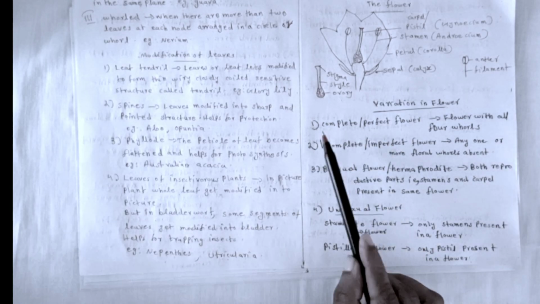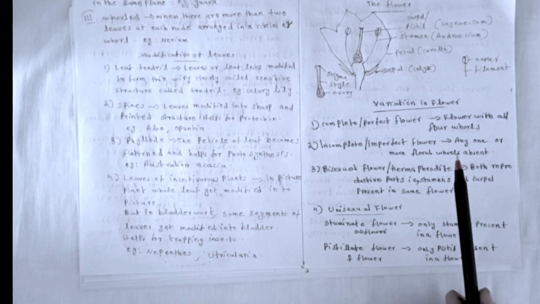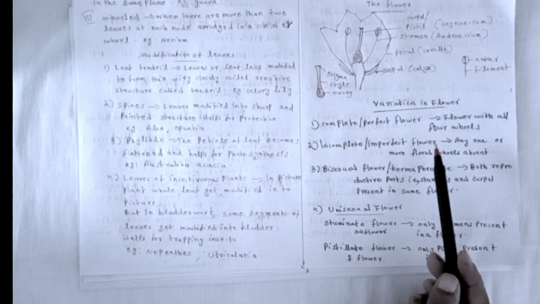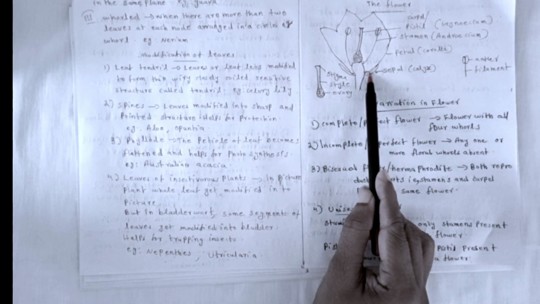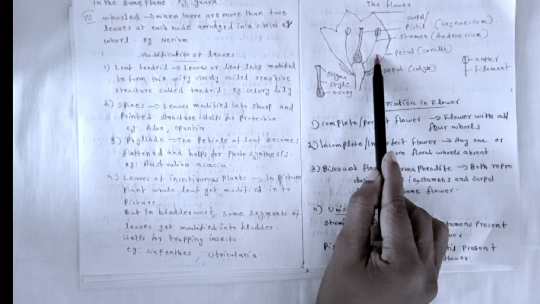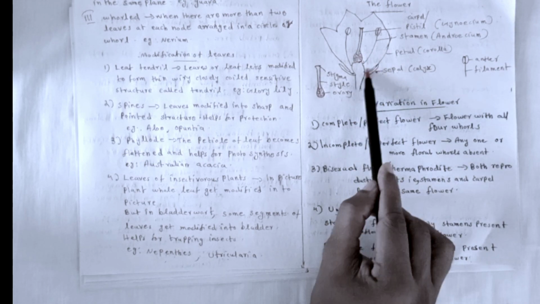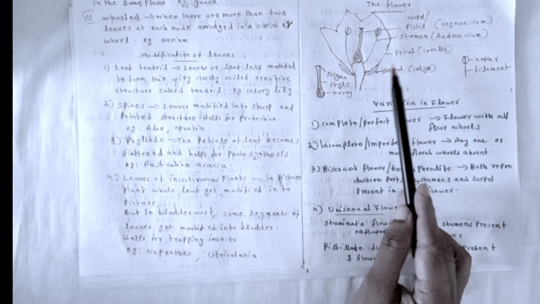First term, complete flower. What is the meaning of complete or perfect flower? A flower in which all 4 floral whorls are seen. These are the floral whorls: calyx, corolla, androecium and gynoecium. These are the 4 whorls of a flower that are arranged on the flat thalamus.